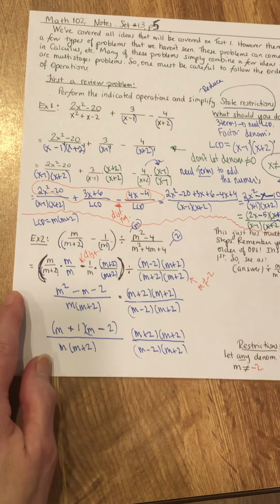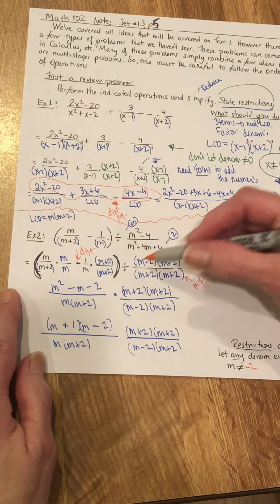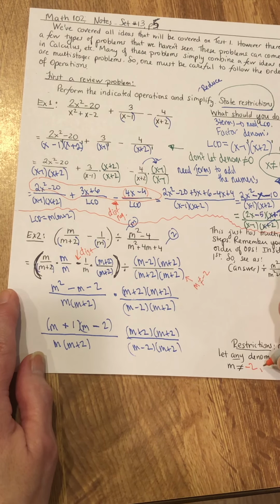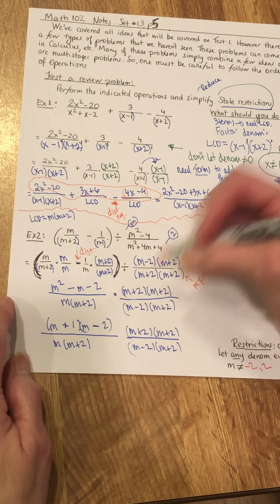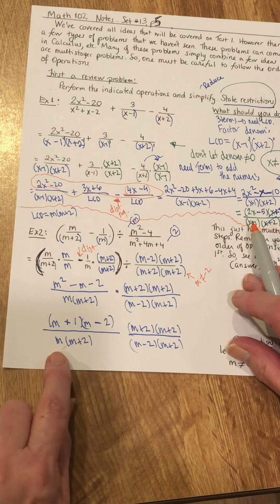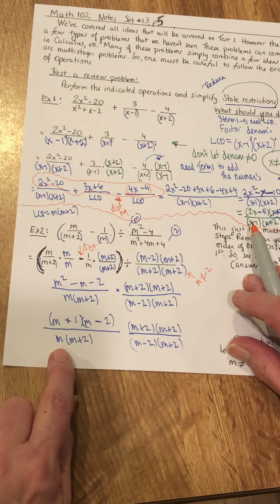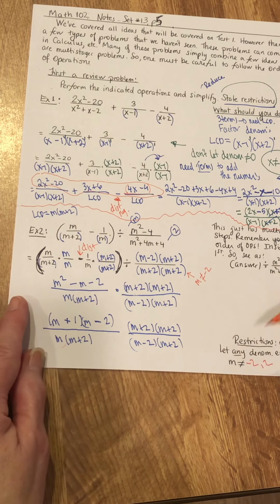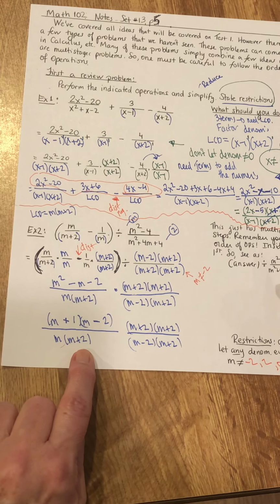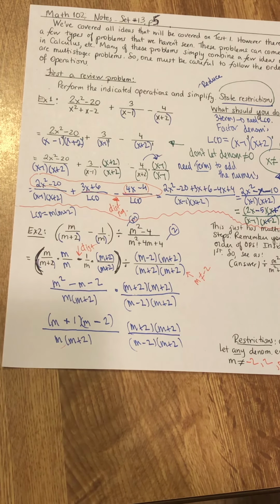Put that in my list of restrictions. Now the numerator became the denominator, so I need to add m can't be positive 2, okay? And then over here, you know, we don't see this a lot. Don't make this too hard. What value makes m 0 there? 0, so m can't be 0. And then here, that's a negative 2 that m can't be. We've already got that on our list. So those are the restrictions.